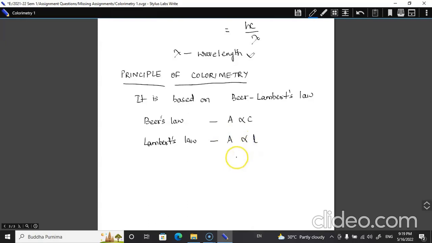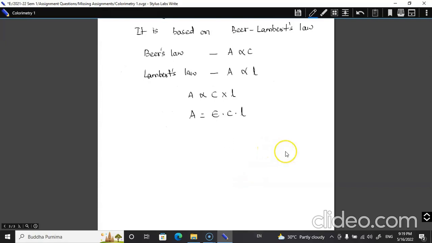If I combine both, A is proportional to C into L, or A is equal to epsilon into C into L, where epsilon is a proportionality constant.